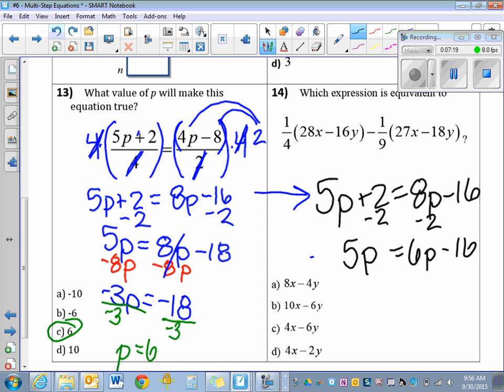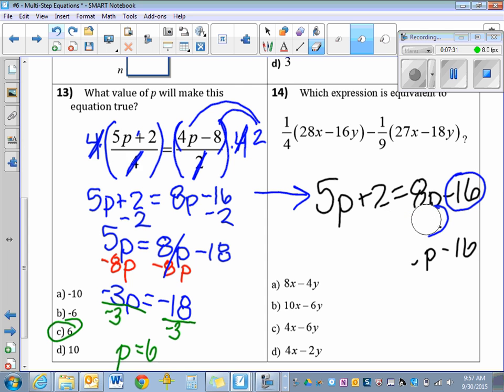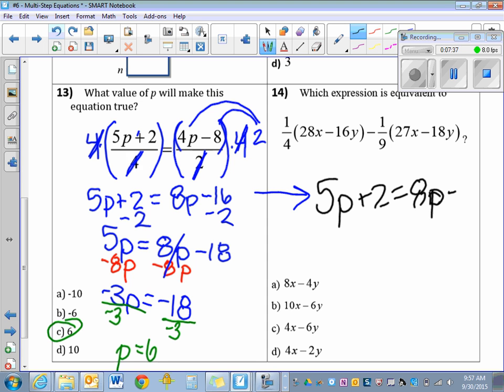I can only combine the negative 2 and the negative 16 together because they're like terms. If it helps, this is actually the more proper way to do it, but if it helps you to write it on the end when you're subtracting 2, so that you can see that these two go together, that's fine.